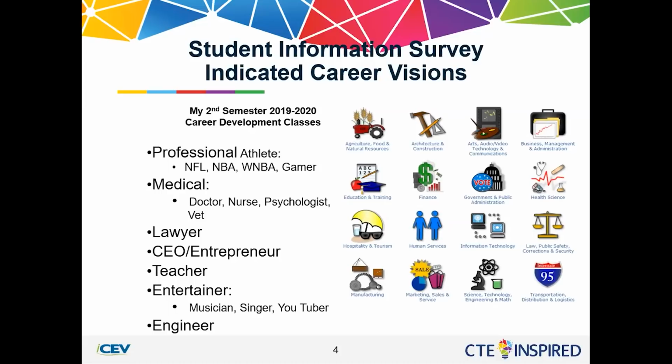A lot of them wanted to be in the medical field: doctors, nurses, psychologists, veterinarians. Lawyer, CEO, and entrepreneur were pretty popular, as were teachers, entertainers, musicians, singers, YouTubers or social media influencers, as they like to call it, and then the engineers.